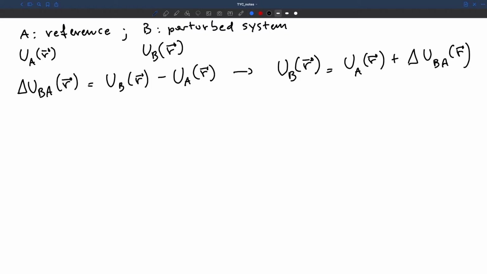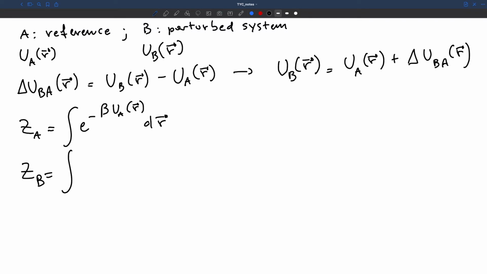So let's look at the configurational integrals for state A and state B. For state A, we can write Z_A is equal to the integral of e to the minus beta U_A of r dr. And analogously, for B, we can write e to the minus beta U_B of r dr.